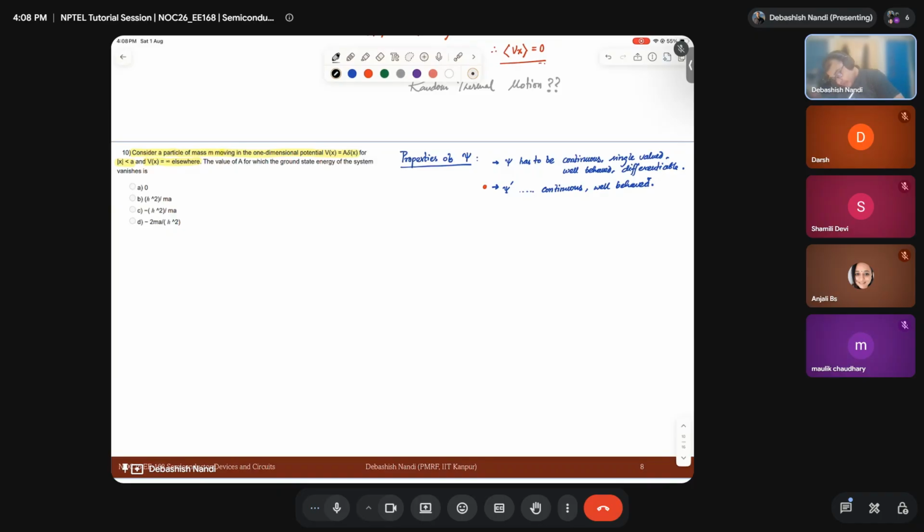That means if I draw the potential well, this is infinity, this is x equal to minus a, this is x equal to a, and somewhere here is x equal to 0. The question is that we need to find out the value of a for which the ground state energy of the system vanishes. Fine.